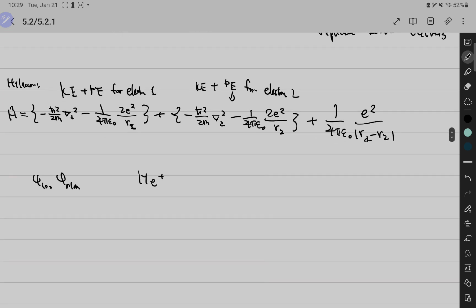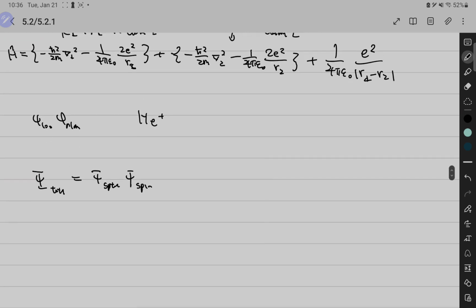So the total wave function for helium is going to consist of the spatial part and the spin part. In my previous video, I mentioned that for your total wave function to be anti-symmetrical, if the spatial part is symmetrical, the spin part must be anti-symmetrical, and vice versa.